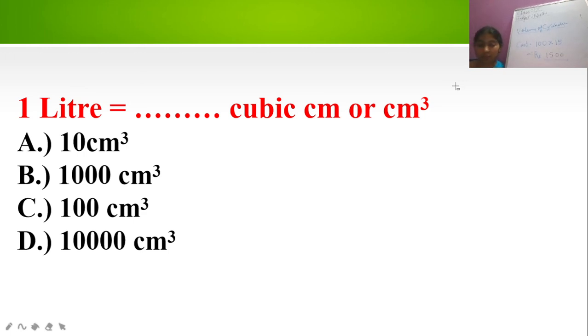See, students, I have one question for you. You have to tell me 1 liter is equal to how many cubic centimeters. You just see your answers in front of your screen. 1 liter equals to, okay students, here I have put cubic meter, so remove that, but consider this is cubic centimeter only.